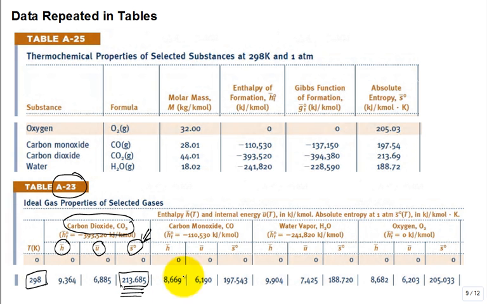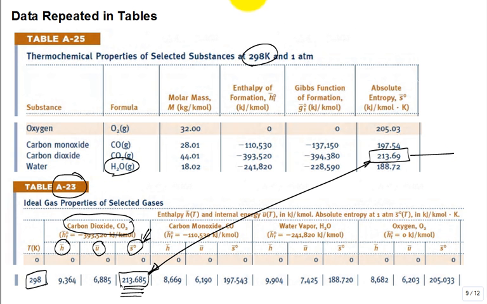Do I see that number anywhere else? Sure enough, they're consistent. Wow, isn't that great? The textbook's consistent, such that for the carbon dioxide in the gaseous form, the absolute entropy at 298 and 1 atm is, got it?